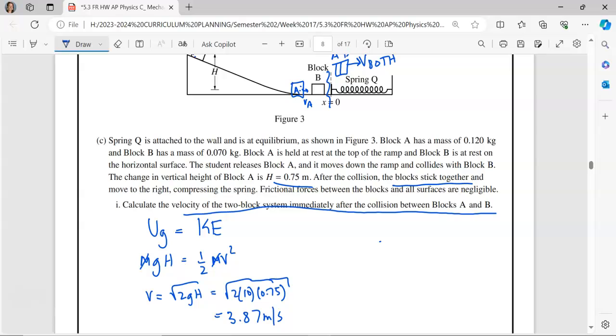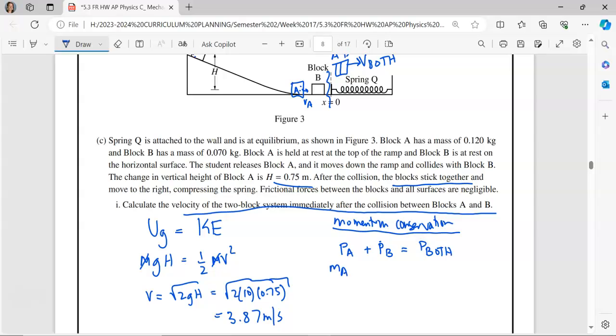Okay, now since we know there's a collision right at the bottom, let's use our momentum conservation. Again, I drew my before and after picture up there. So momentum of A plus momentum of B equals momentum of both after.